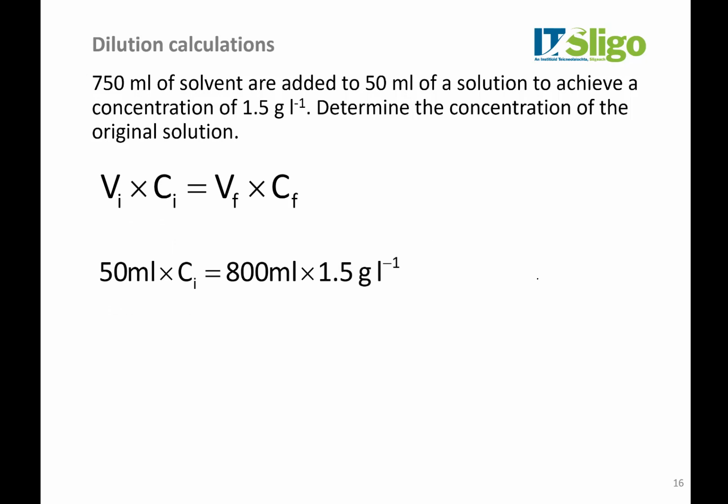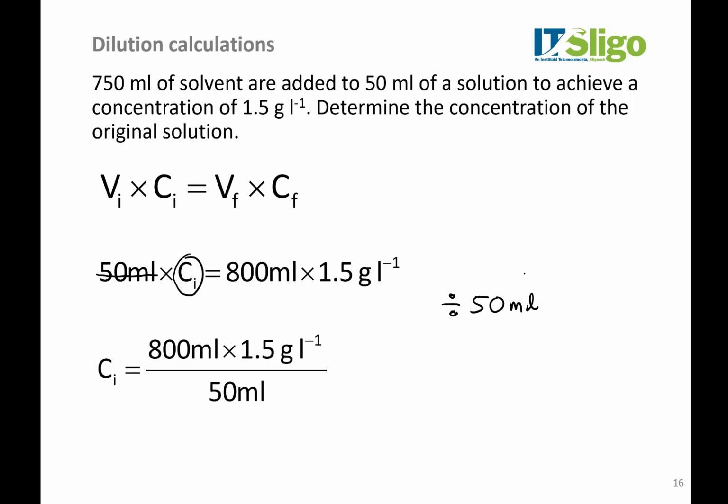And now I want to get the initial concentration on its own. I want to get rid of this. It's joined on by multiplication. So I use the inverse, divide both sides by 50 mL. Now we just look at the units, guys. The milliliters will cancel out. So my answer is going to be in grams per liter. We'll just do this bit first.